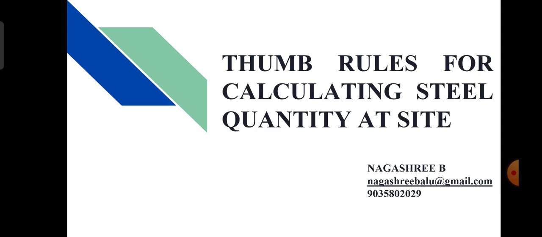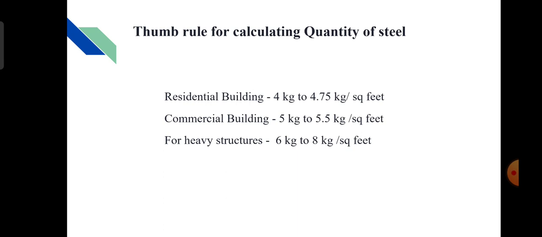In the case of the thumb rule adopted for steel construction, it also depends on the type of the building which has to be constructed. So here the thumb rule for calculating the quantity of steel for different types of building is as follows.